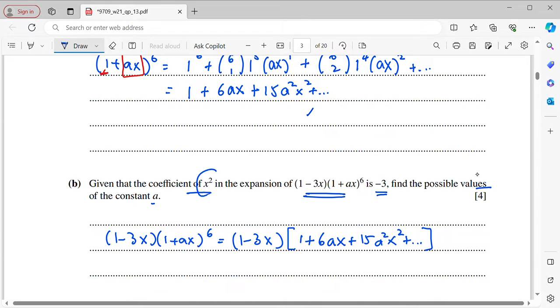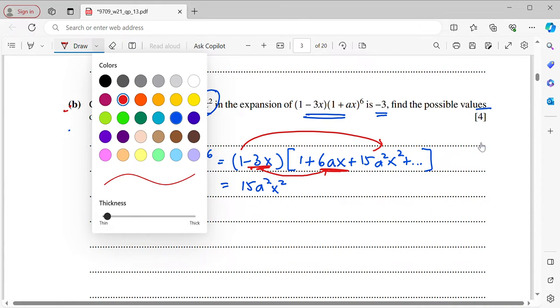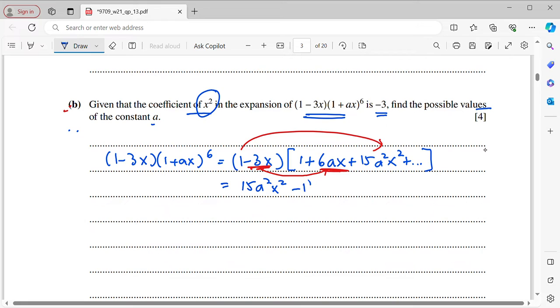Now we need to get the coefficient of x squared. So I will multiply the 1 by the x squared term, and then for the negative 3x, I will multiply it by 6ax. So I will be getting 15a squared x squared. Then minus 3x multiplied by 6ax is basically minus 18a x squared. And we also have other terms, so we just ignore them.